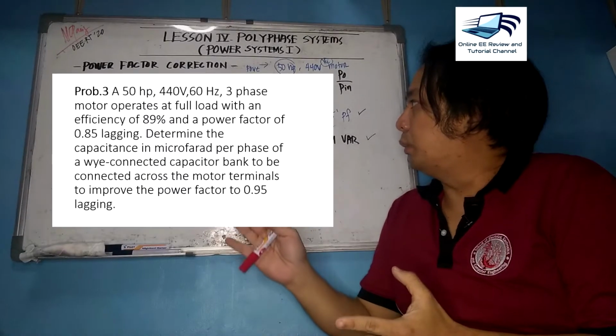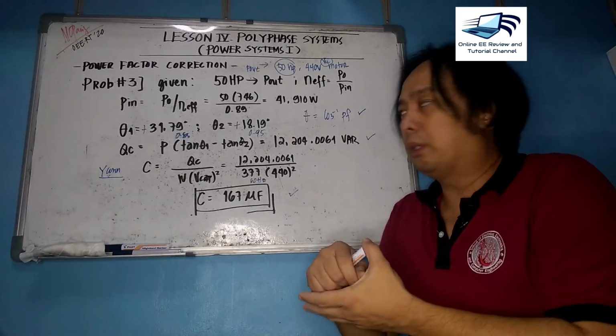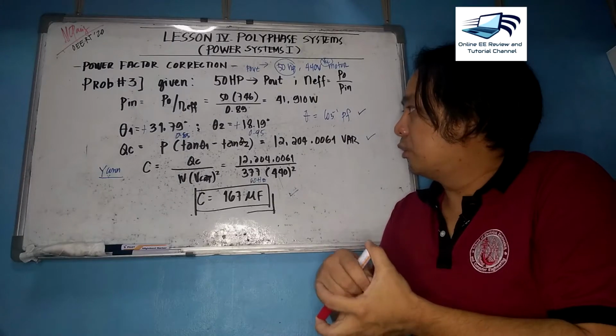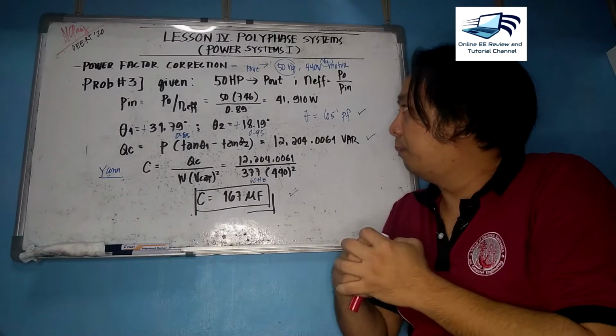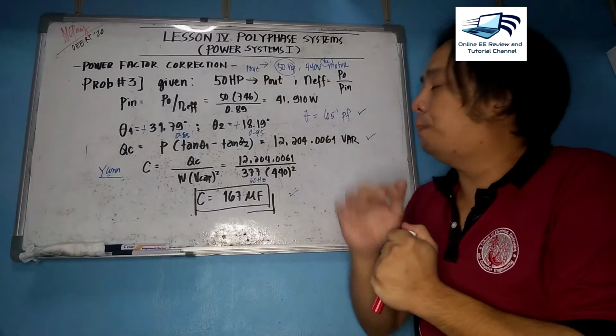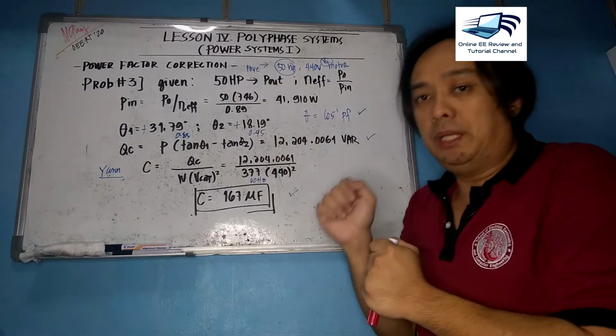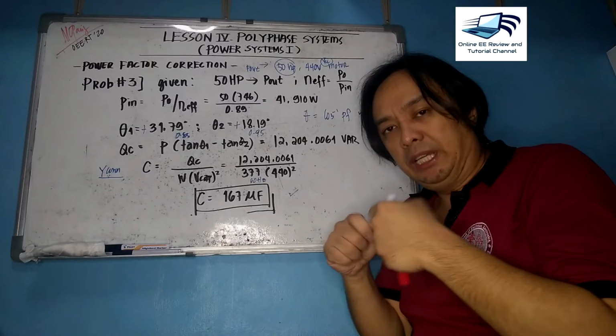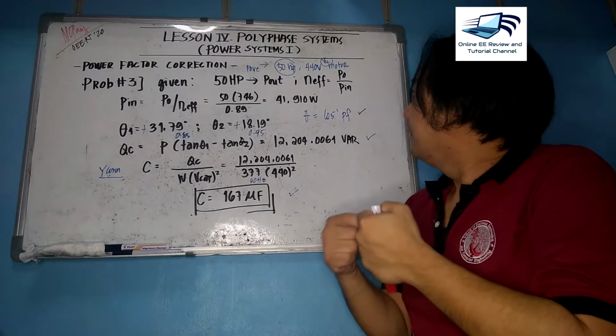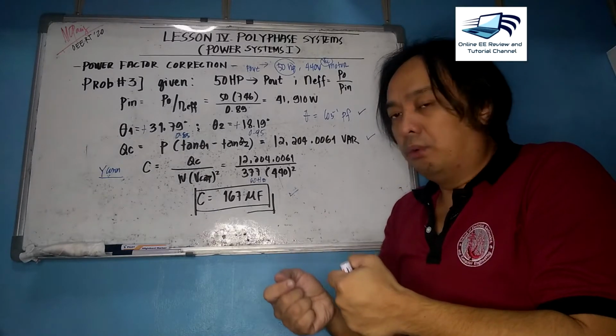Okay, this is the solution, and I have some important marks here so that we can clarify further the problem. When you say a 50 HP, it means that is P out, the output power of the motor. And when you say 440, that is a line-to-line voltage.